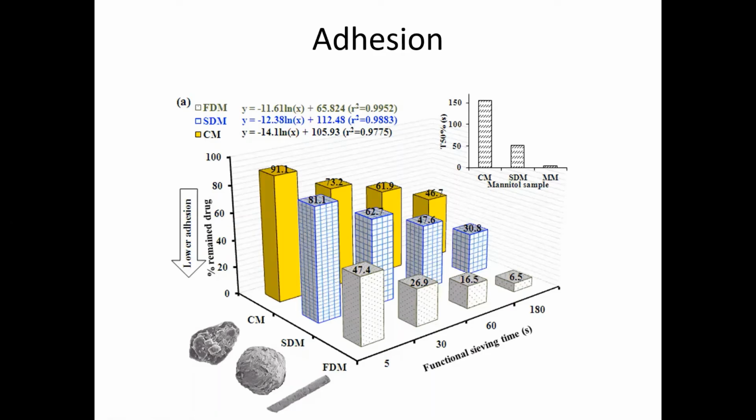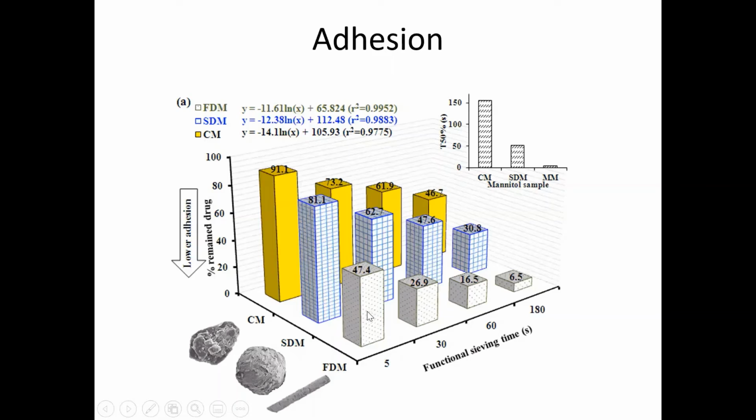As the drug particle size was less than 5 micrometers, if you apply air-jet sieving, any particles detached from carrier surfaces which are less than 5 micrometers can go through the sieve. If you pick up the sample from the top of the sieve, you measure how much drug is left. You can say which formulation has easy detachment. So we applied 5 seconds.